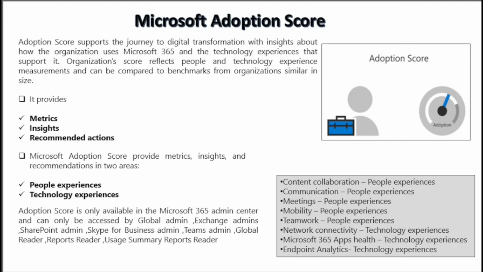So Microsoft Adoption Score provides metrics, insights and recommendations in two areas. First one is people experience, which quantifies how the organization works using Microsoft 365 categories like content collaboration, mobility, communication, meetings, and teamwork. And the second one is the technology experience.